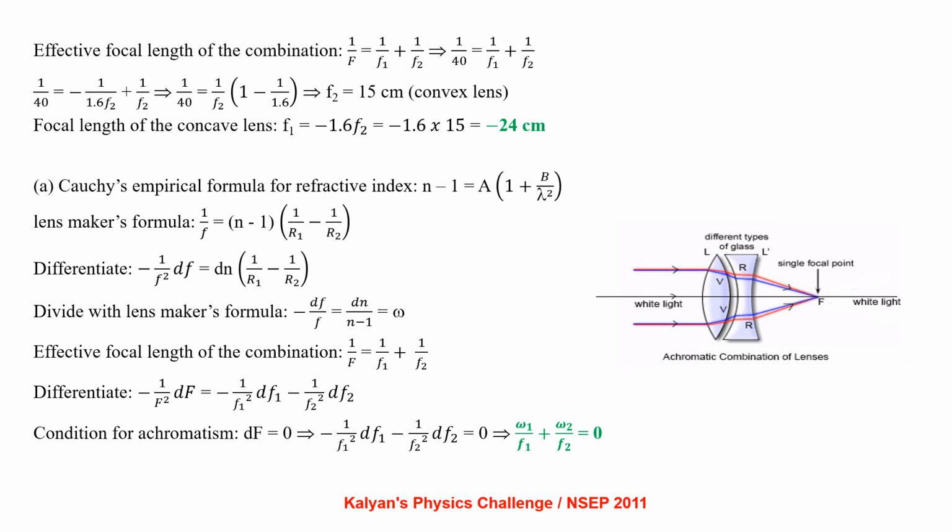Effective focal length of the combination: 1 by capital F equal to 1 by f1 plus 1 by f2. Differentiating, we have minus 1 by f square df equal to minus 1 by f1 square df1 minus 1 by f2 square df2. Condition for achromatism, df equal to 0, that is minus 1 by f1 square df1 equal to 1 by f2 square df2, which gives us omega 1 by f1 plus omega 2 by f2 equal to 0.